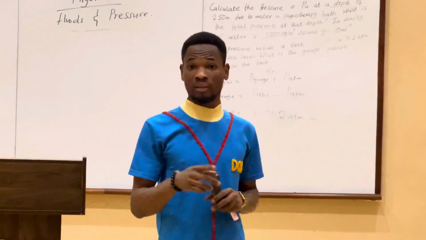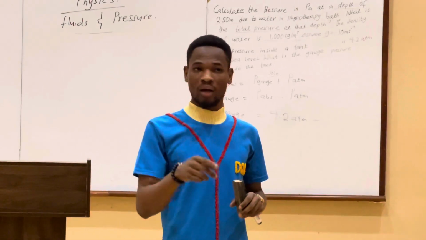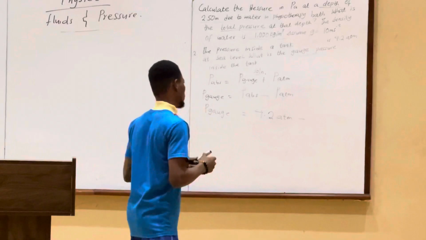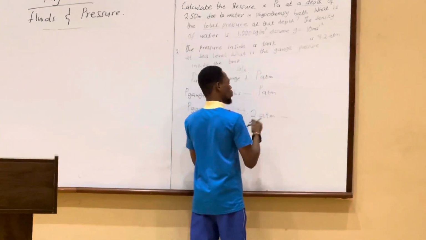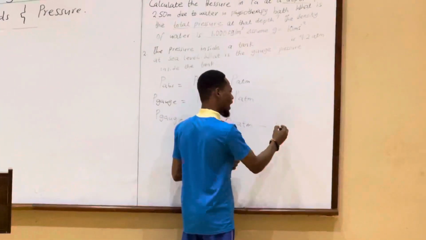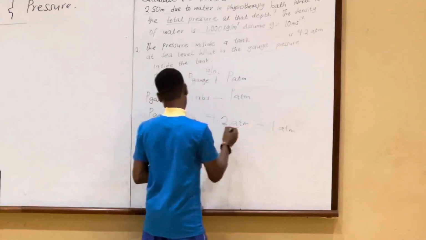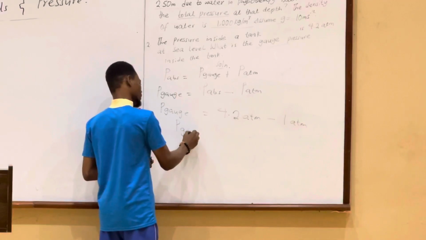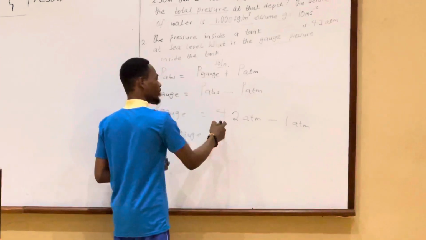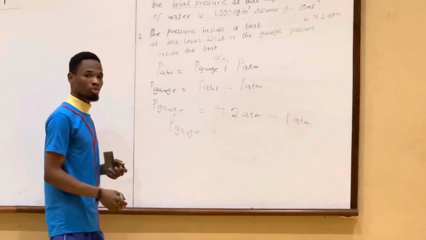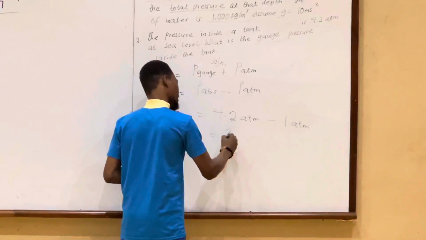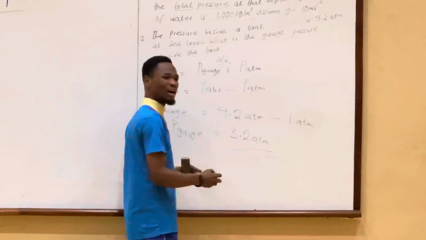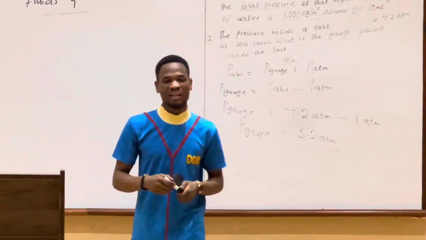You see the first one was in Pascal, I used 101325 Pascal. You understand that? So here minus 1 atmosphere. Therefore our final answer, which is the gauge pressure, is 4.2 minus 1, which gives us 3.2 atmosphere. As simple as that.